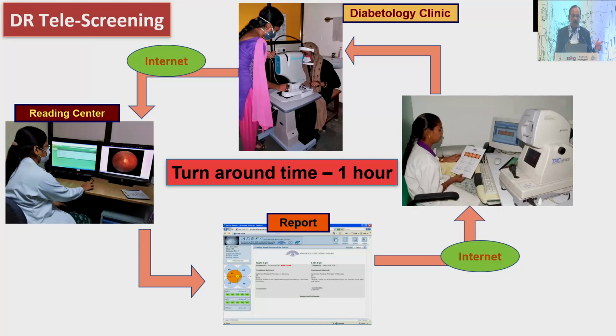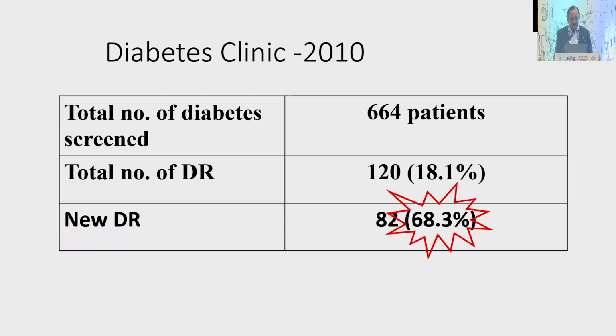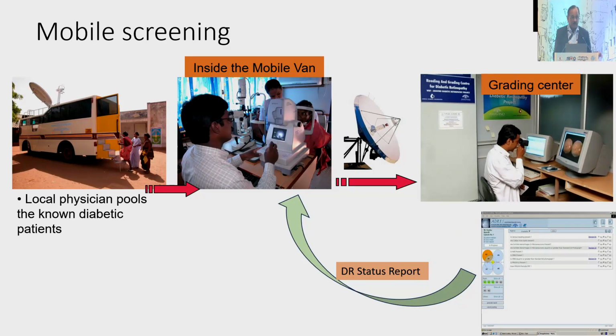Some awareness is created among the diabetic patients. The diabetologists also become aware that they have to do this, and it's definitely a value addition to the service that they provide. Again, in one year, looking at the data, the new diabetic retinopathy identified, in patients who never had any retinopathy identified or their fundus examined, was about 68% in that one period.